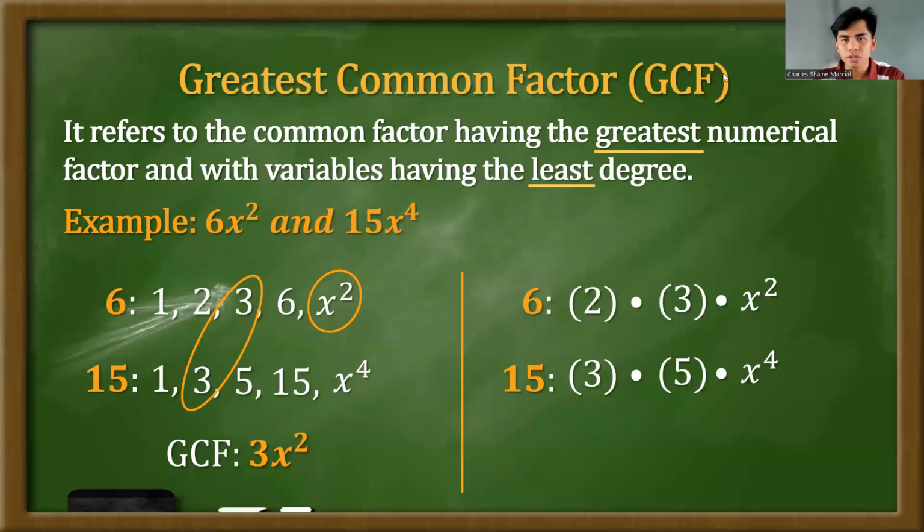Now sabi ulit dito sa definition ng GCF, kukunin natin yung may greatest common numerical factor. And obviously, may isang number lang na magkapareho yung dalawa na factor, and that is 3. Okay? And kukunin din natin sa variable yung may pinakamababang exponent, and that is x squared.